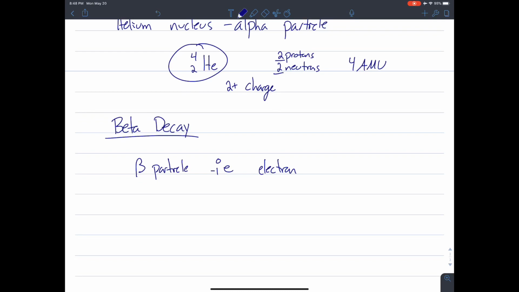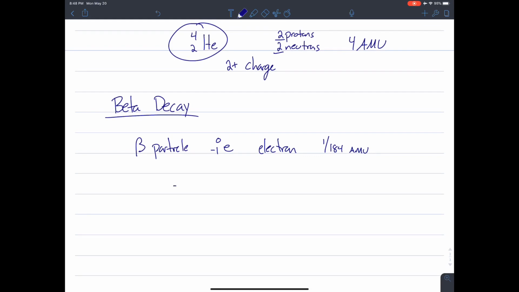The mass of this is essentially 0, but it's about 1/1840 AMU, so a very tiny mass. Your mass is not changing. And it has a -1 charge with moderate penetrating power. So it's going faster, it's smaller, and can penetrate a little bit.